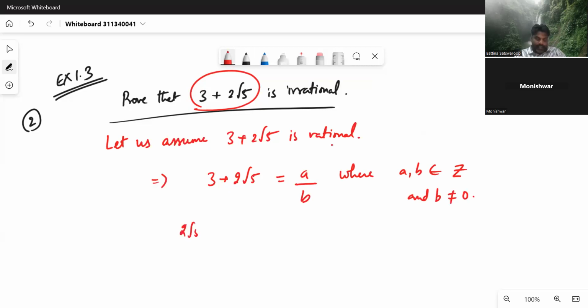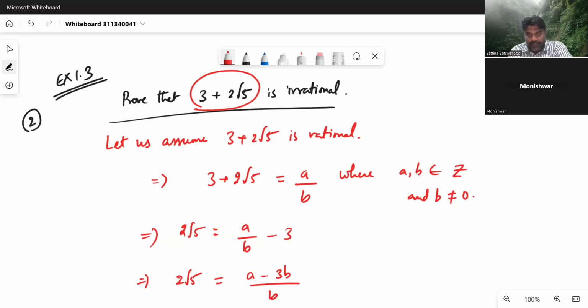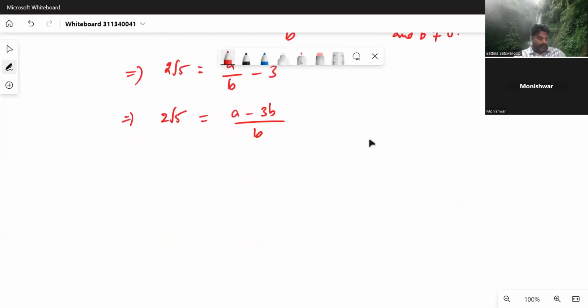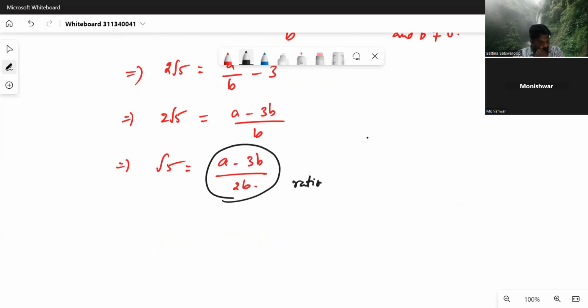So 2 root 5 I can write as a by b minus 3, which becomes a minus 3b by b. So 2 root 5 is equal to a minus 3b by b. Also, root 5 will be equal to a minus 3b by 2b. This value over here is a rational value and this is an irrational value.